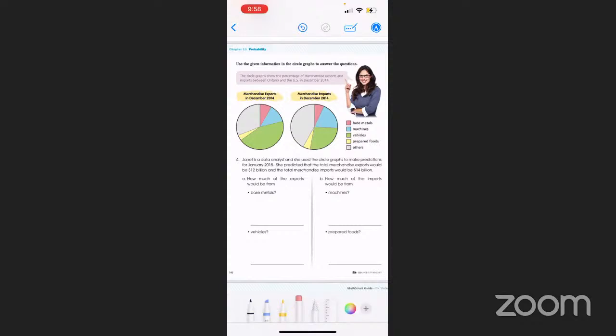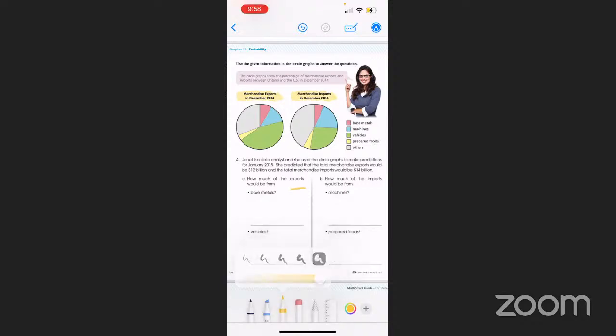Okay, so let's see how much of the exports would be from base metals. So imagine, if you have total exports, they're saying it is 14 billion.